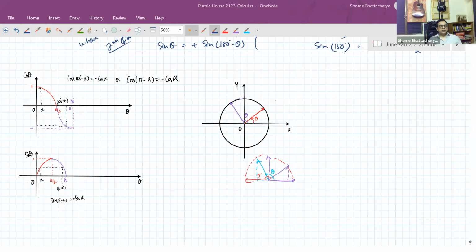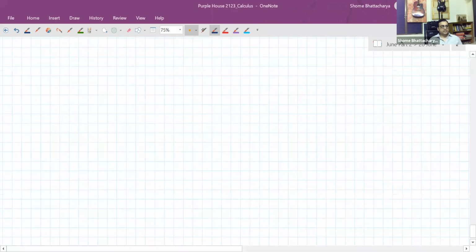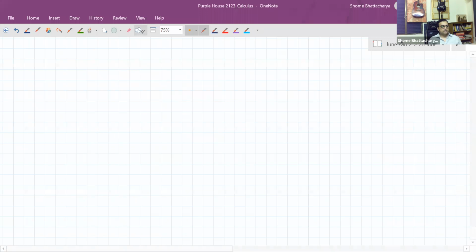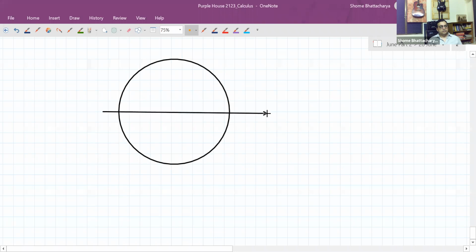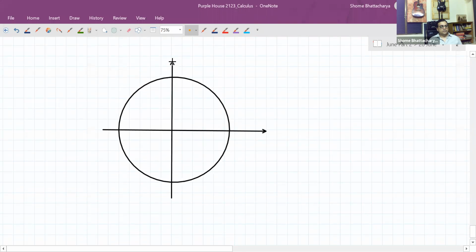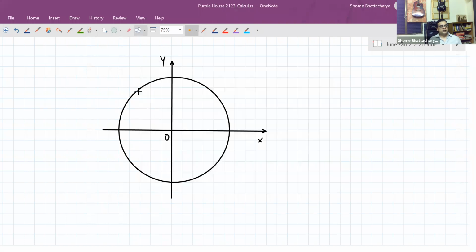So likewise, we can see that as you move to the third or fourth quadrant, sine and cos change sign and behave accordingly. For example, in the third quadrant, the value of theta should be greater than 180 but less than 270.